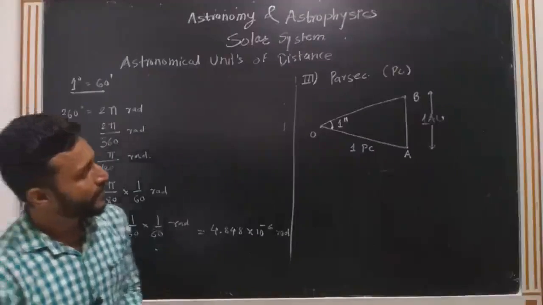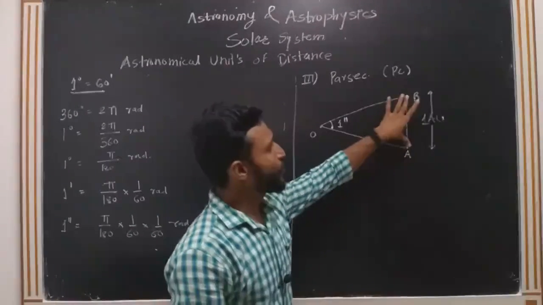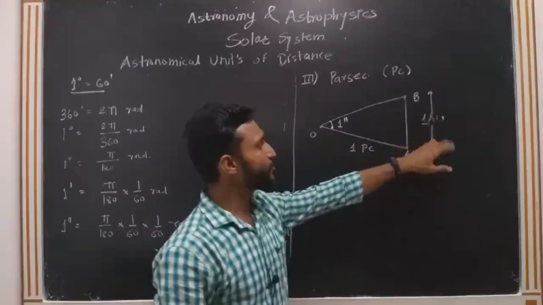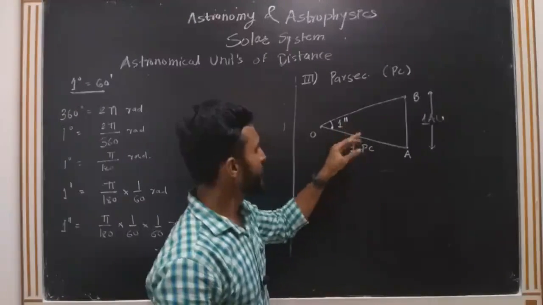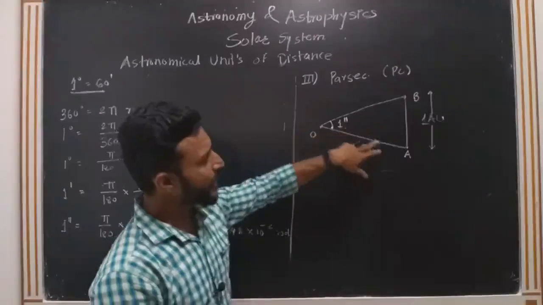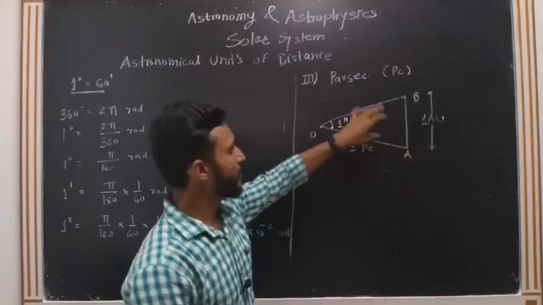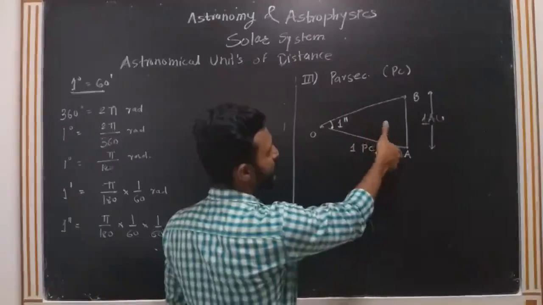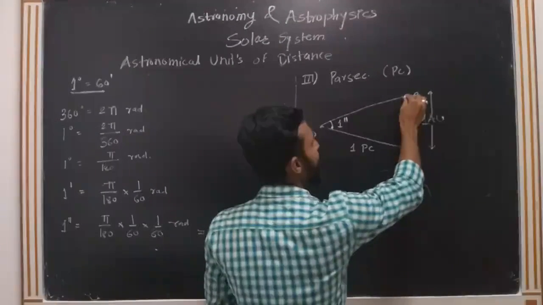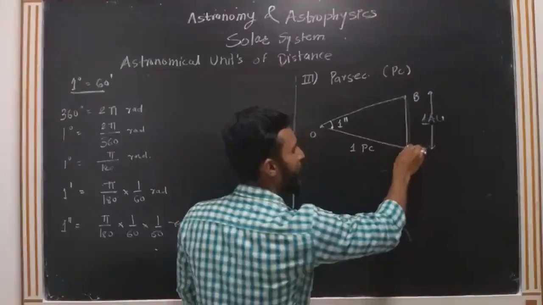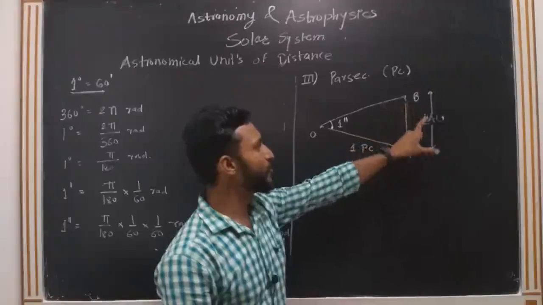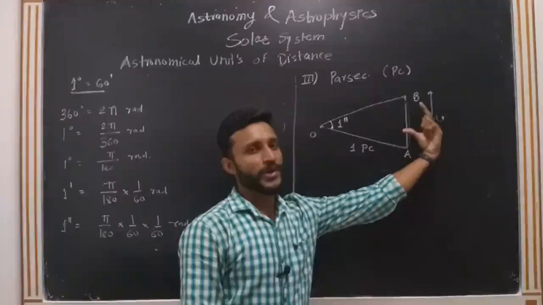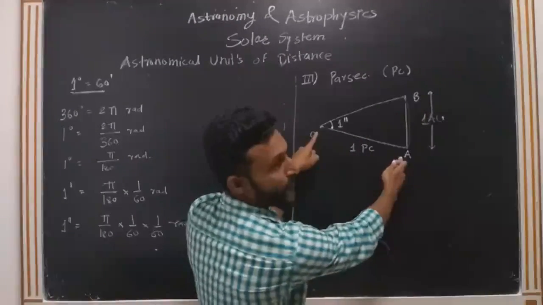Now these are the 2 points separated by 1 astronomical unit, and we know the angle in radian. If we consider OA as a radius and draw the circle, we get an arc here, which is nearly equal to the distance between the 2 points, because this distance is so far.